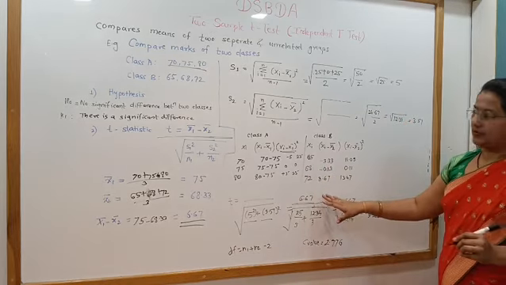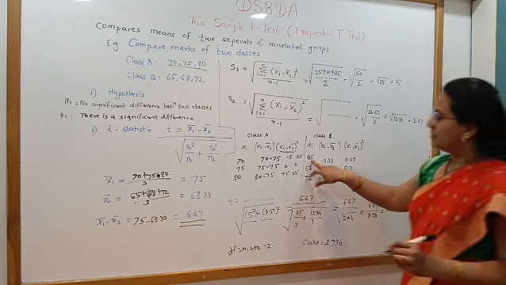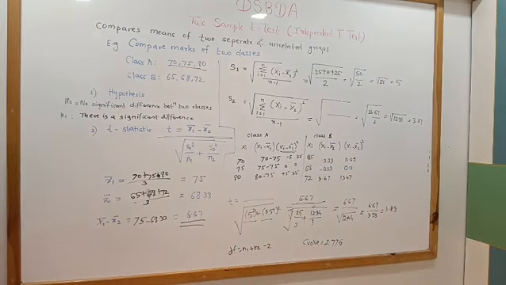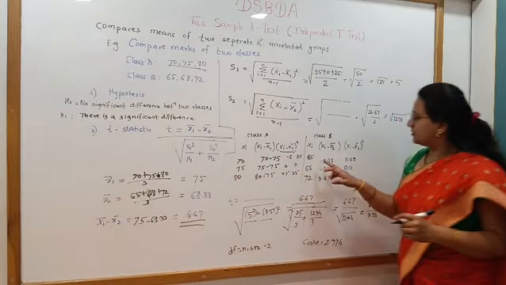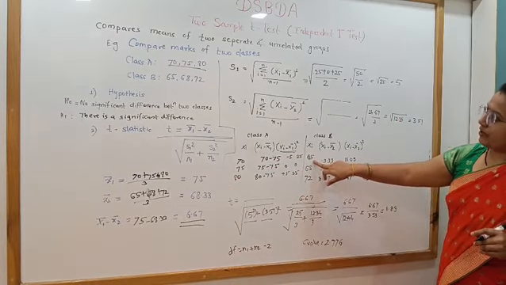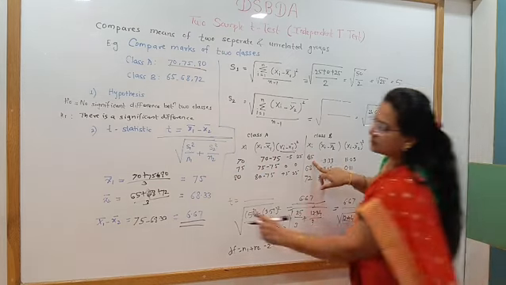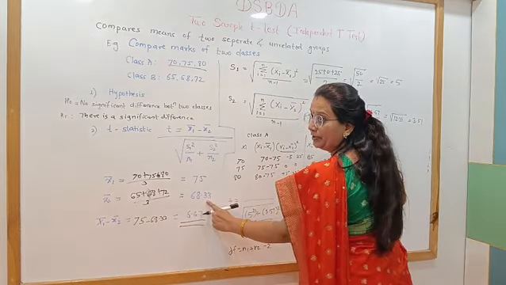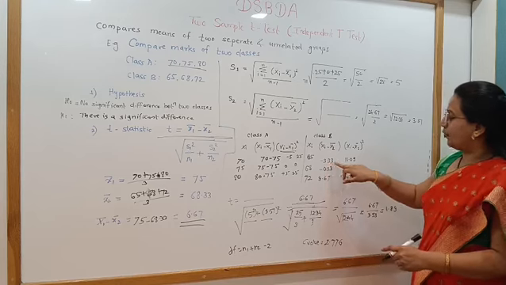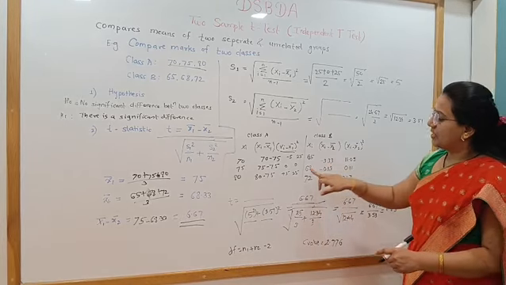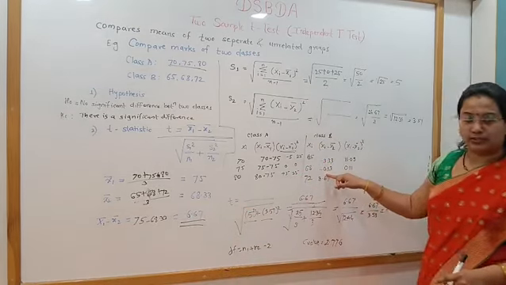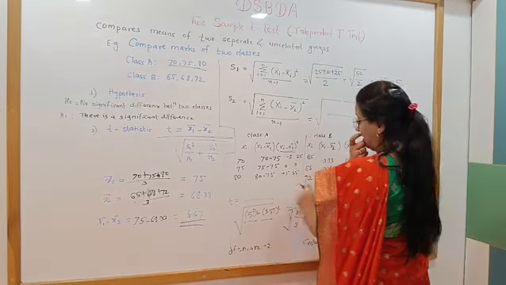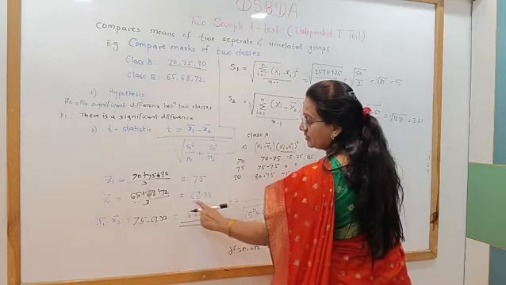Then 65 minus this x2 bar, that is 68.33. So it is minus 3.33. 68 minus 68.33, so it is minus 0.33. Then 72 minus 68.33.